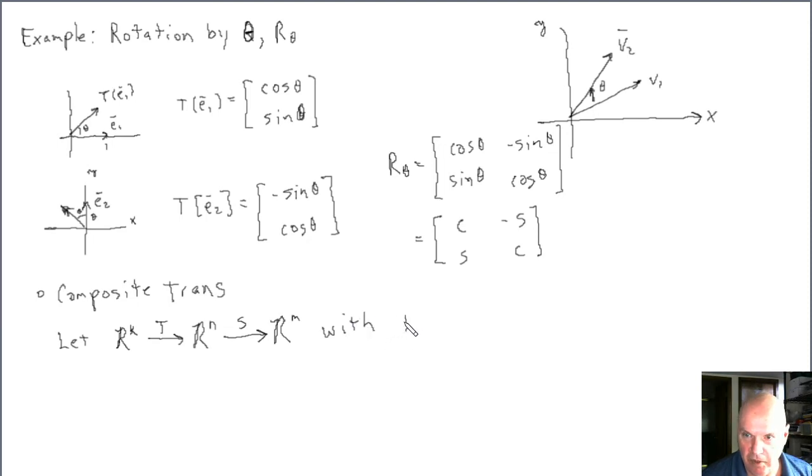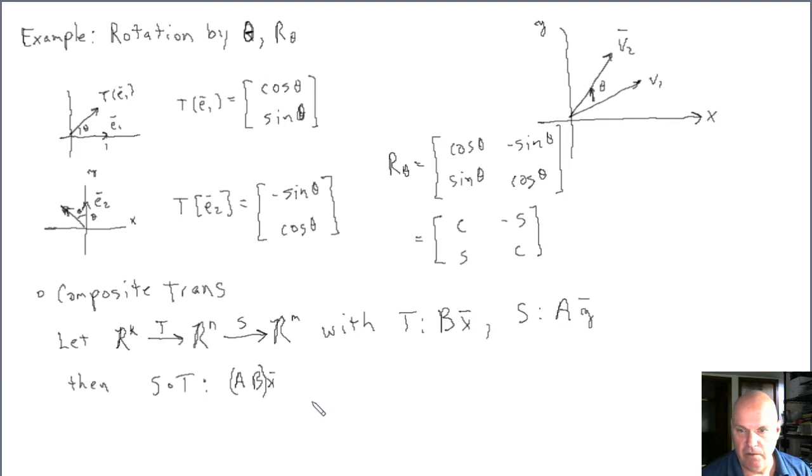And then we're going to let the transformation T be represented by matrix B and the corresponding transformation S be represented by matrix multiplication by A. Then the composite transformation of S applied to T would be, first we're applying T, so that would be Bx, and then applying S after T, so that would be the corresponding multiplication by A.